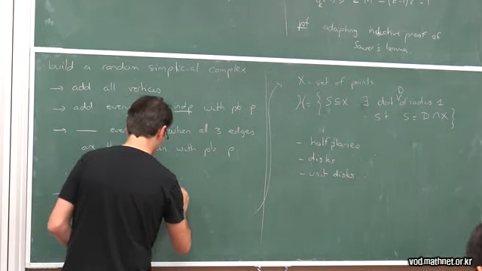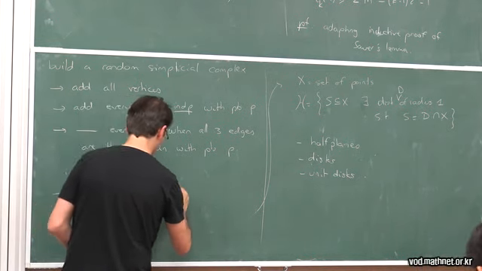Okay, so what do you use to do this? Well, if you look at complexes on M vertices, there are not so many of them. The number of complexes on M vertices is 2 to the 2 to the M at most.